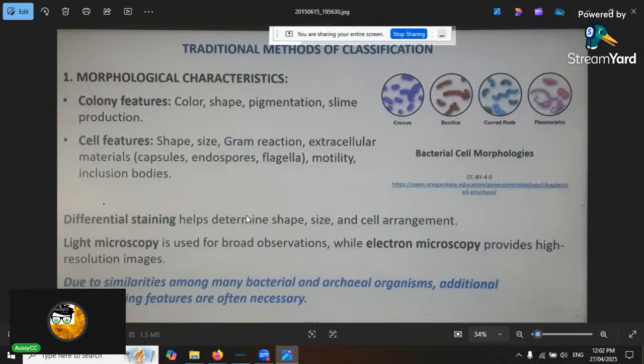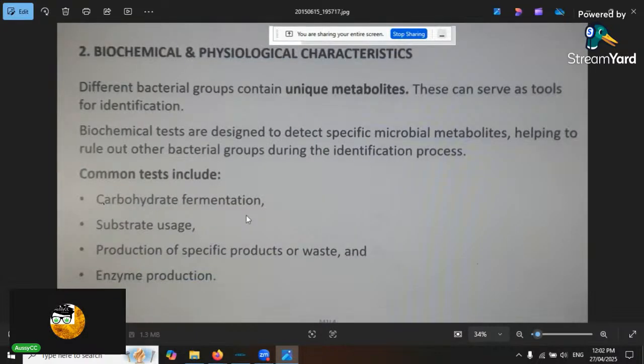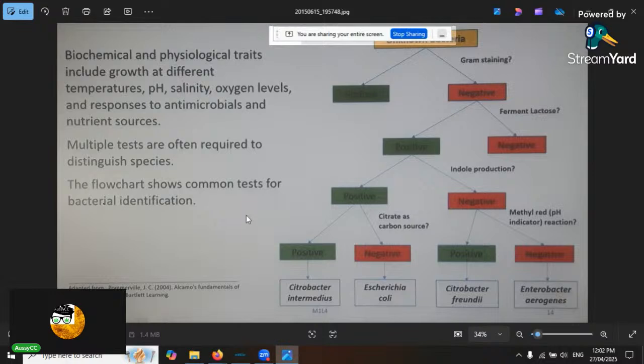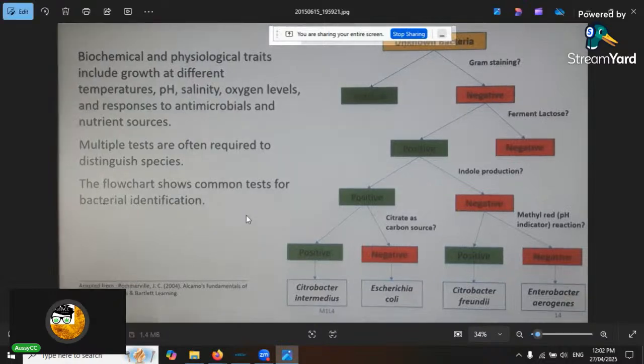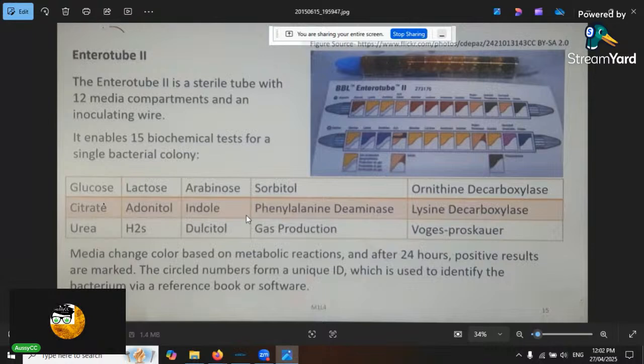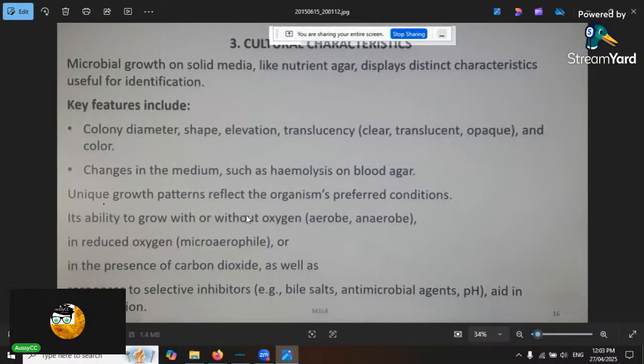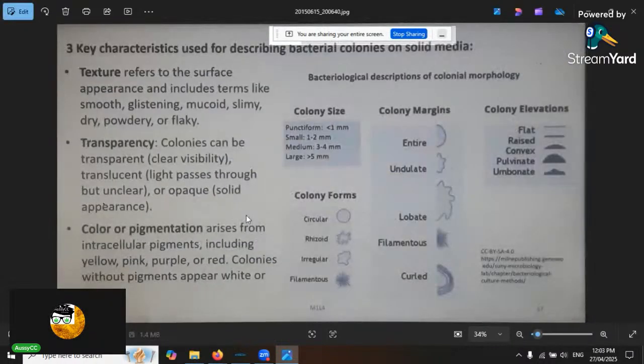Coccus. How cool is that? It changes color based on the metabolic reactions after 24 hours. What I call taxonomy waste, so I morphologically identify them.